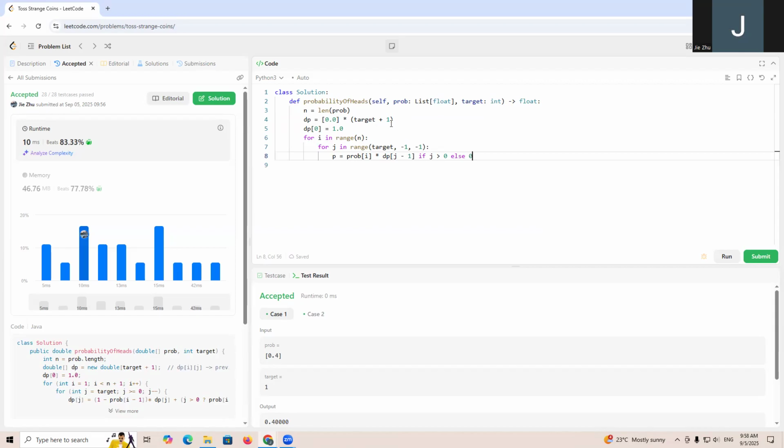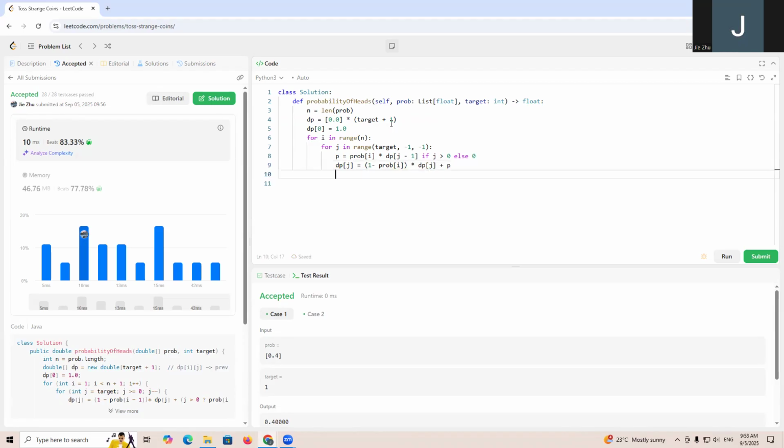So dp[j] equals 1 minus prob[i] multiplied by dp[j] plus p. And in the end, just return dp[target].